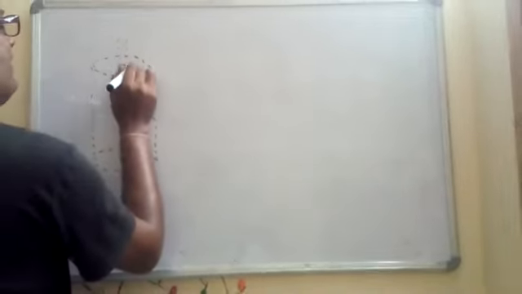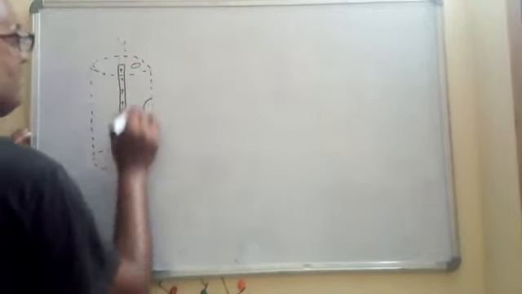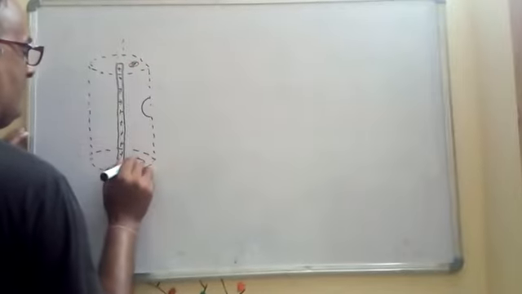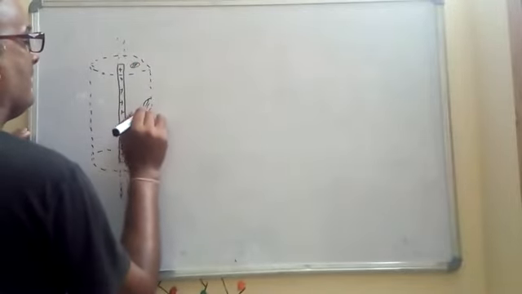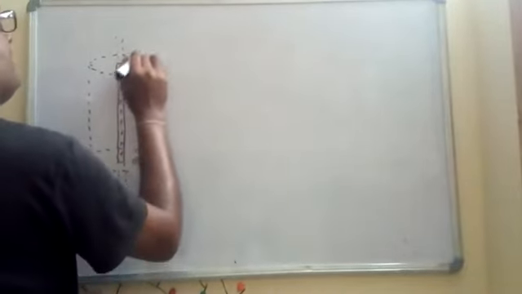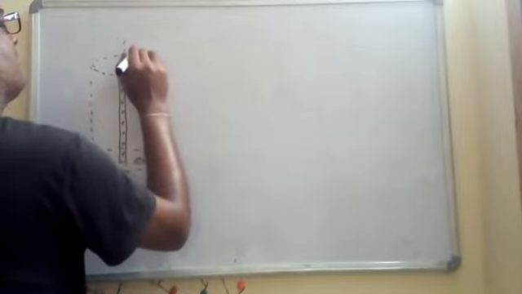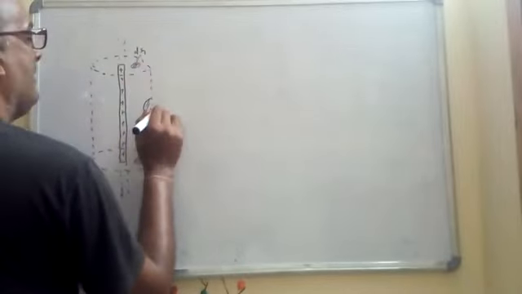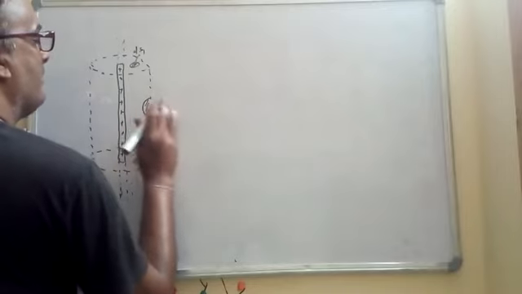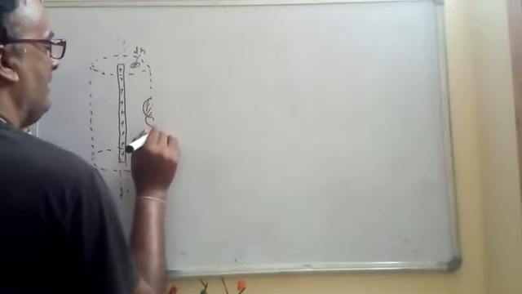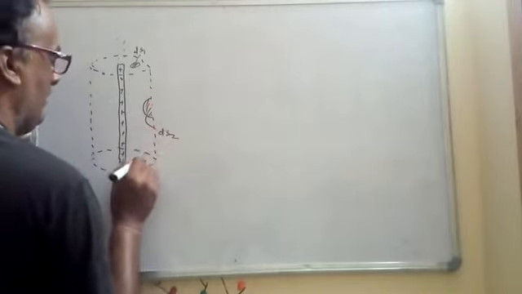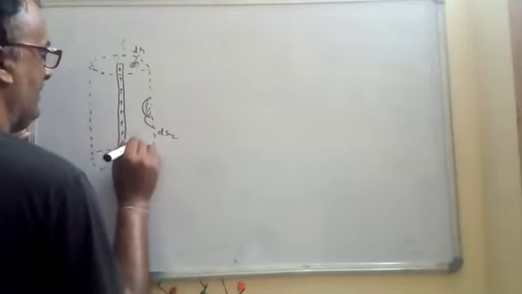So we take a small part of these sections, like this, this, and this. Let this be ds1. This is ds2. Let this be ds2, and this section we take as ds3.